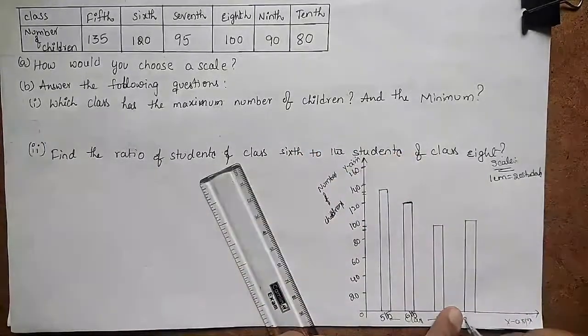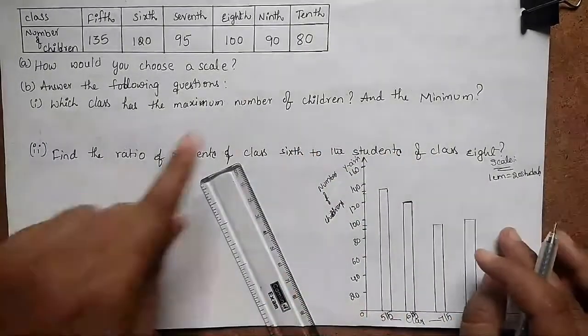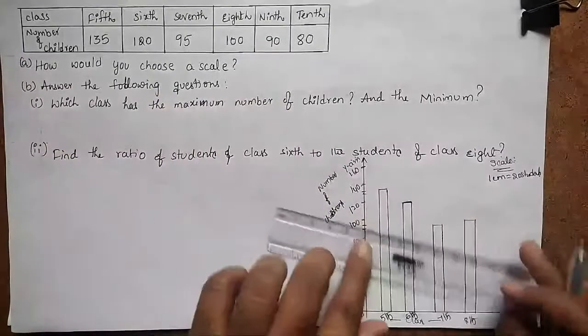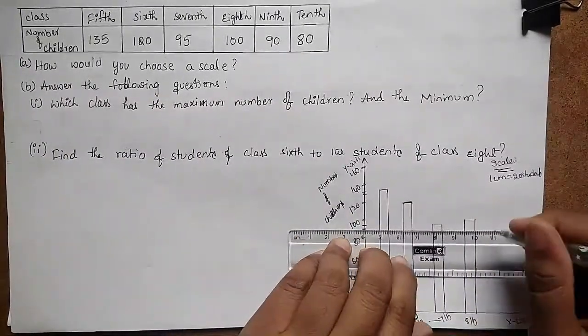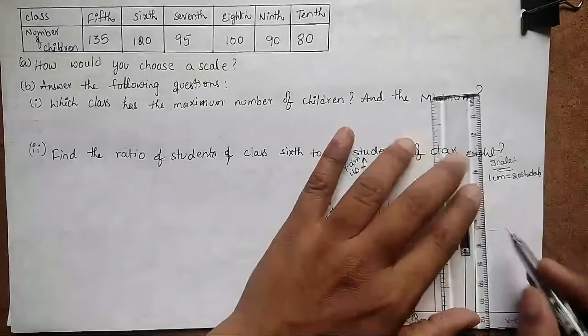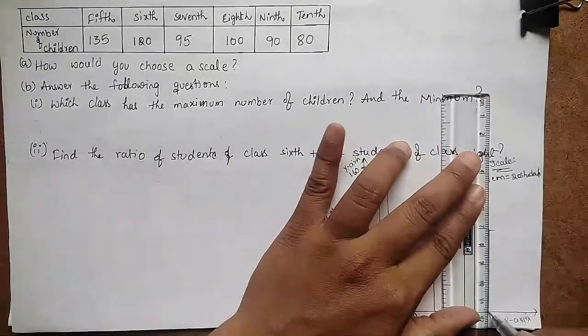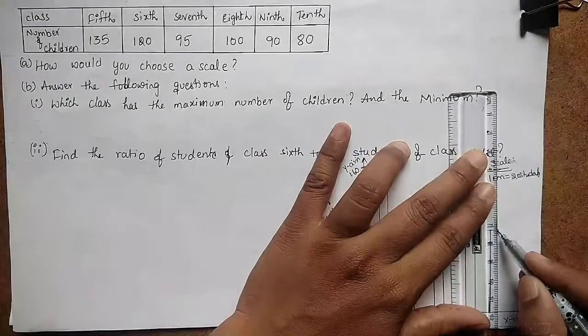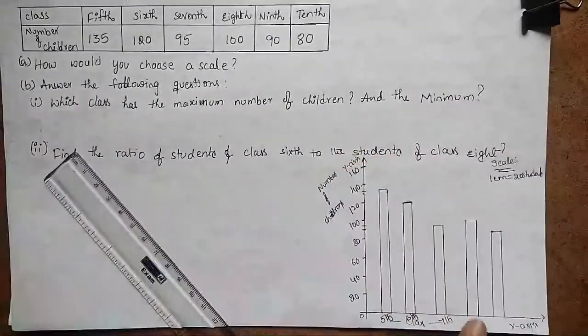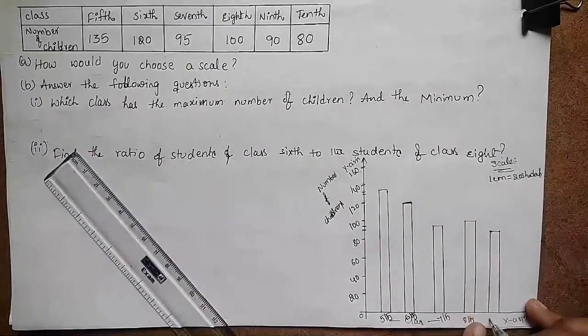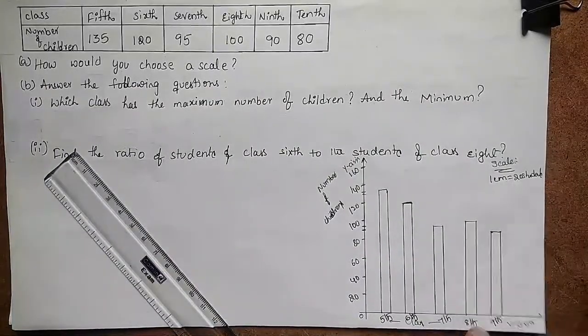So this was the 8th class, 100 students, and the 9th class is 90. This was 80, this was 90, which we already marked. Put a mark like that for confirmation, and take the same width for all of them. It makes the representation of the bar graph easier. So this was the 9th class for 90 students.